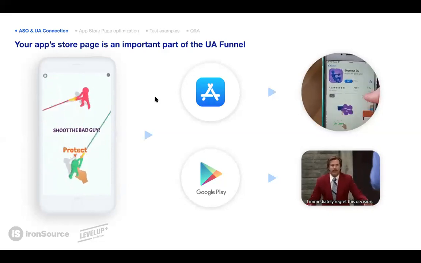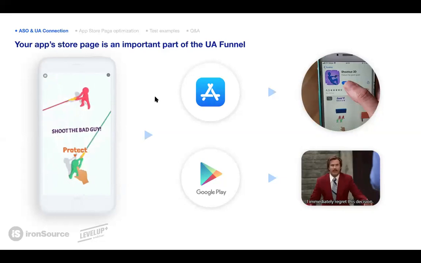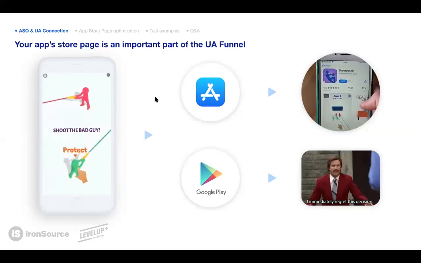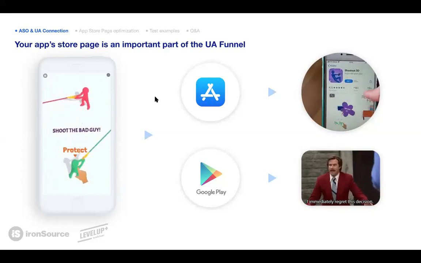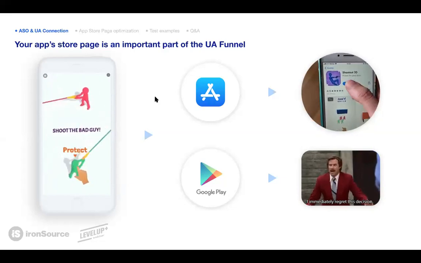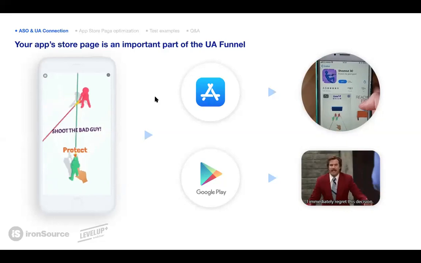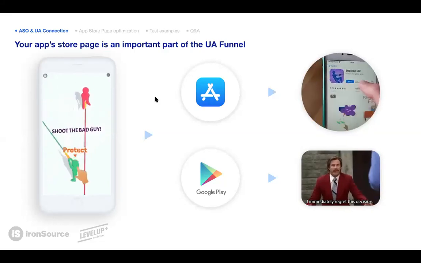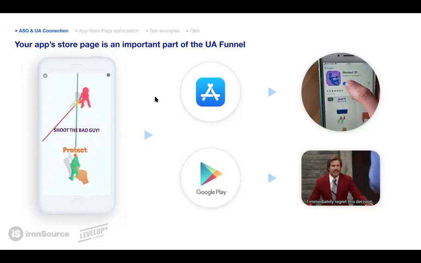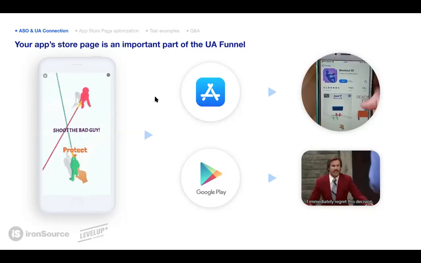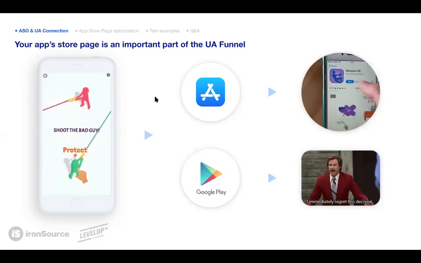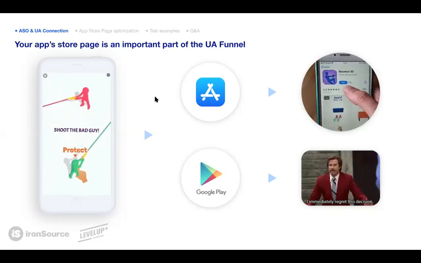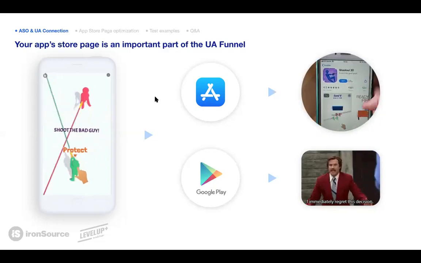Many times when I speak with people from the industry, they think that ASO is just affecting the organic side, but ASO is not just the responsibility of an ASO manager, because it's also affecting user acquisition performance. As a user acquisition manager, your goal is to get more installs. In order to get this install, the user has to go through the page. So it's also affecting your performance.